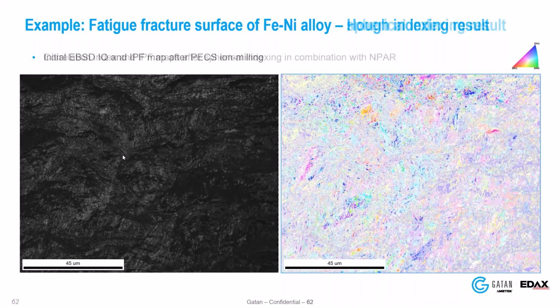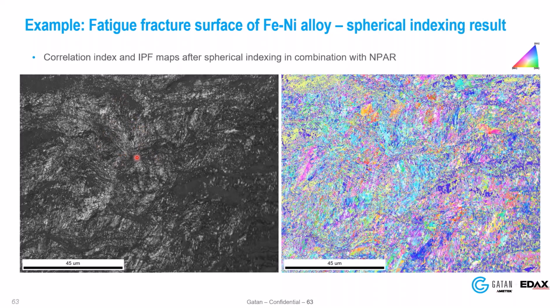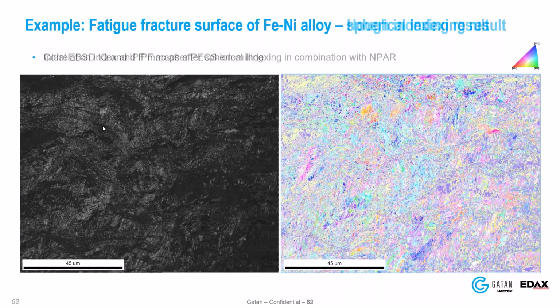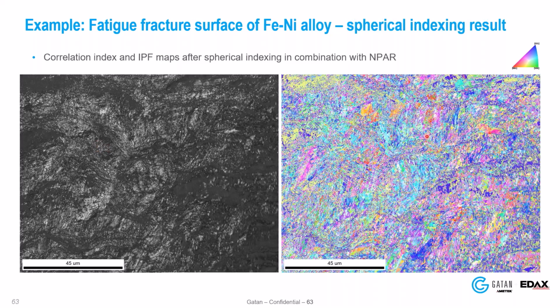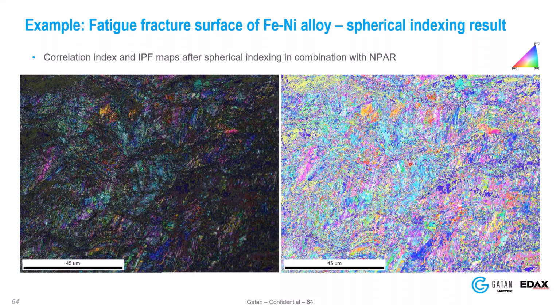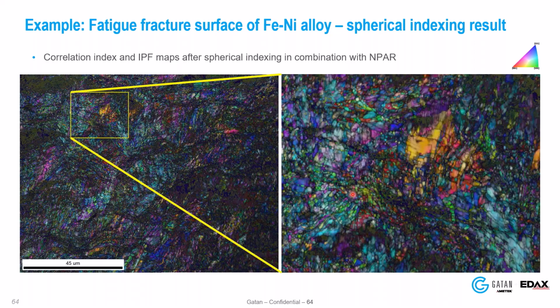Again, if I toggle back and forth, that's our correlation index map. We start to see the grain structure better, and our orientation data becomes much more populated throughout the area of analysis. We combine those together, and we can zoom in to an area and see that we're resolving very fine aspects of that microstructure for something that we couldn't really even analyze to begin with.